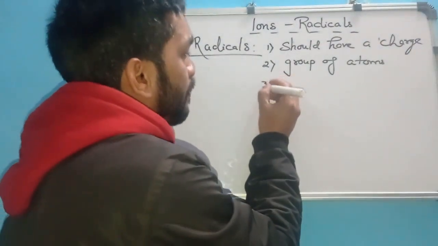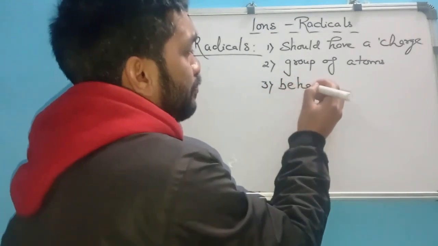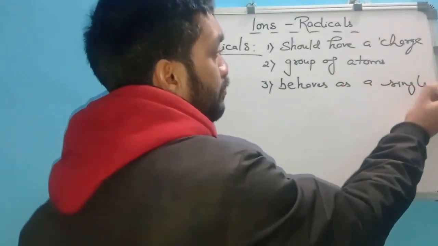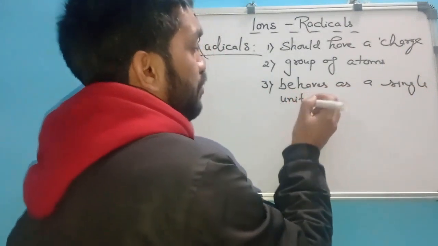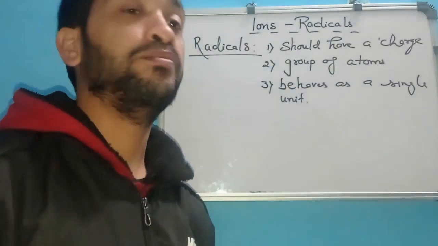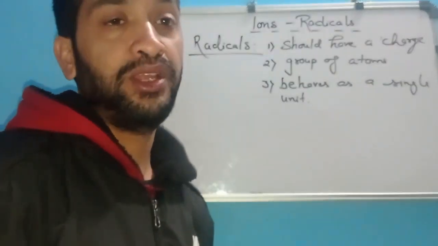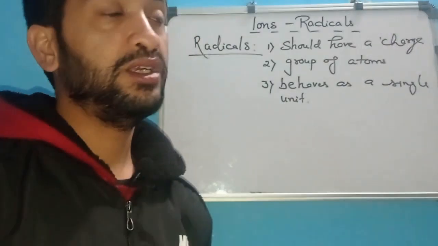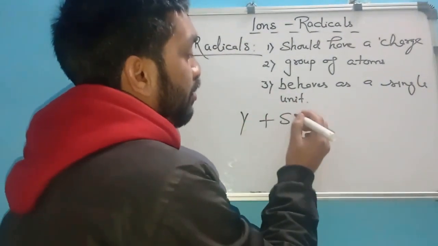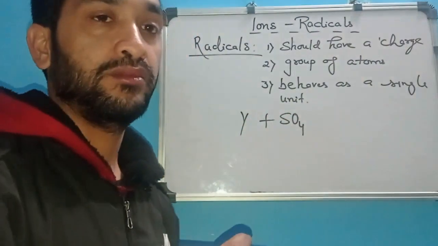Last one is it behaves as a single unit. Now this is the most confusing one. This is also a line which most of the students will simply memorize. They don't know what is the meaning of behaving as a single unit. So behaving as a single unit means, suppose Y is reacting with SO4. SO4 is a radical.